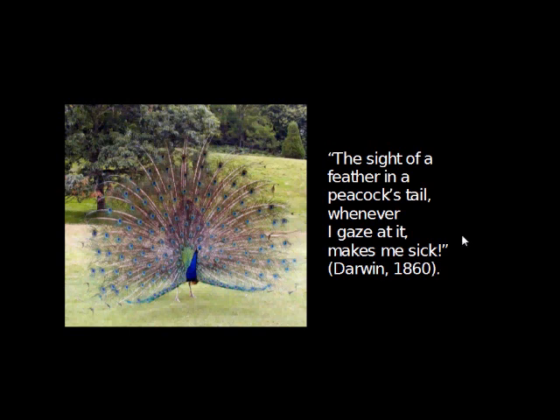And this is a quote from him in 1860. He said, "The sight of a feather in a peacock's tail, whenever I gaze at it, makes me sick." And why would he say that? Well, you look at this bird. It's a ridiculous bird, with this ridiculous tail. Really now, how can this possibly be adaptive? It just doesn't make any sense.